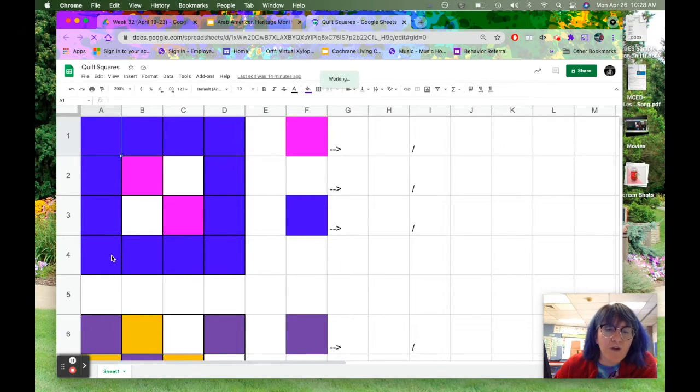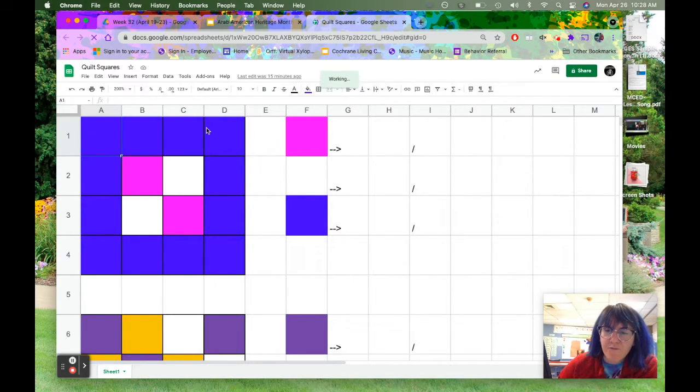First, what do you notice? How many colors are in this quilt square? 3. What colors? White, pink, blue. That's right. So let's see if we can figure out what fraction of each color this quilt square is.